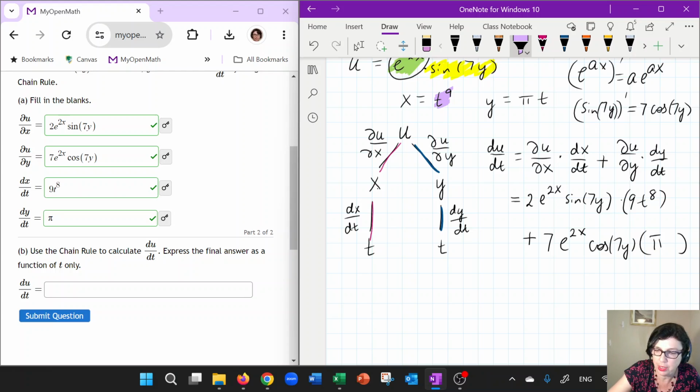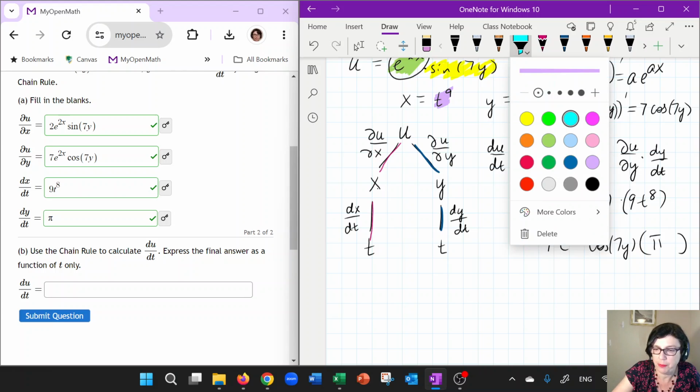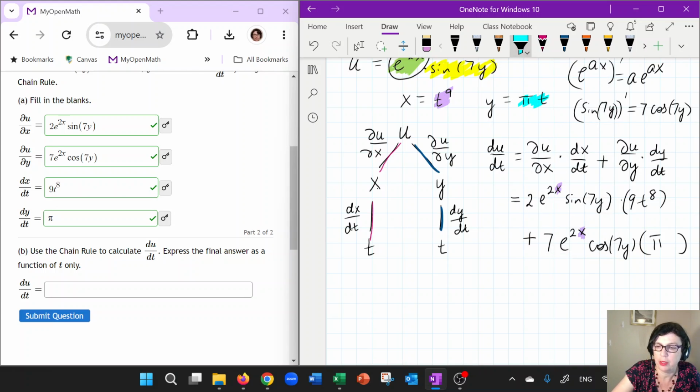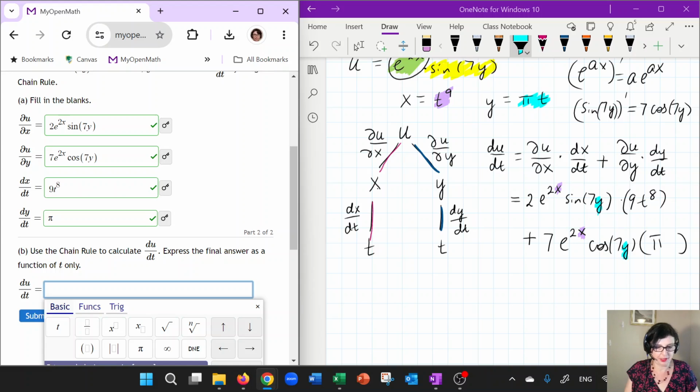I see it here, I see it here, and I'm going to change it to t to the power 9, and I'm not going to do anything else. And then everywhere I see y, again unless I need to simplify, and hopefully the teacher does not ask you to do that, you just replace it in here. Okay, if you keep it straight, then it'll work out.